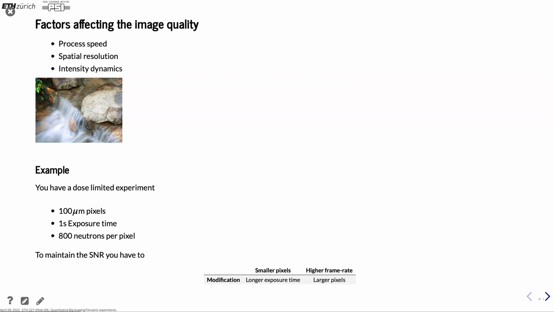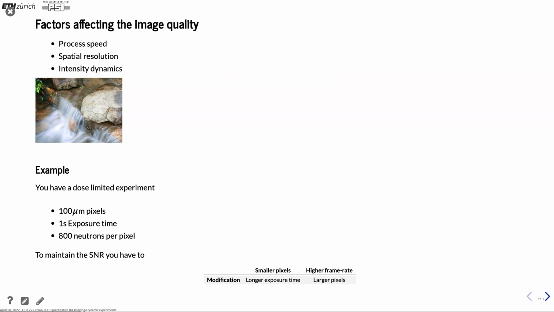If you want to maintain the same signal-to-noise ratio, and you want to go either to smaller pixels or a higher frame rate, you have to counterbalance that. For smaller pixels, you need longer exposure time, and for higher frame rate, you need larger pixels. This case is for the neutrons, but in any imaging technology, you have similar limitations.